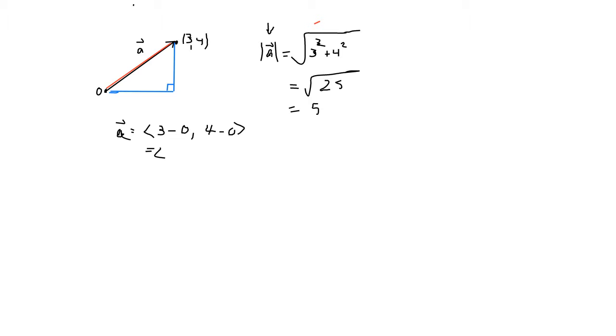So remember, you saw how to find the components of a vector going from one point to another point. You subtract the x coordinates and the y coordinates, and those form the components of your vector going from an initial point to a terminal point.